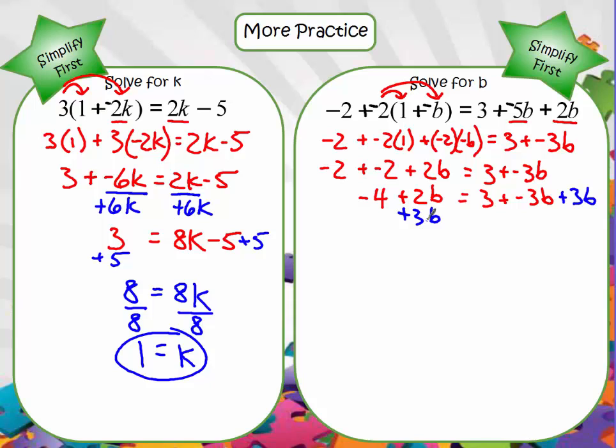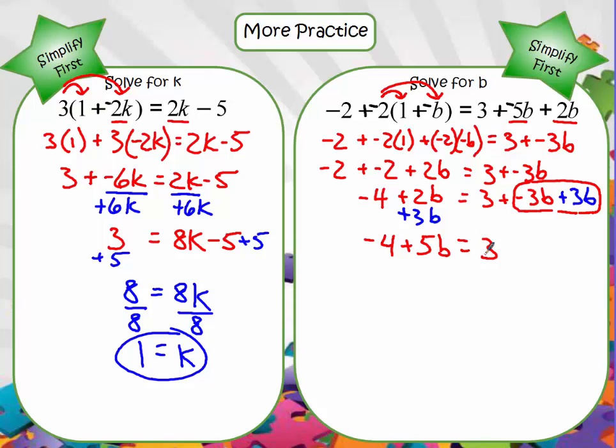So that leaves me with this negative 4. 2b plus 3b is 5b, positive, plus 5b. And over here, this negative 3b and this positive 3b, those are additive inverses. That becomes 0. So I'm just left with 3.